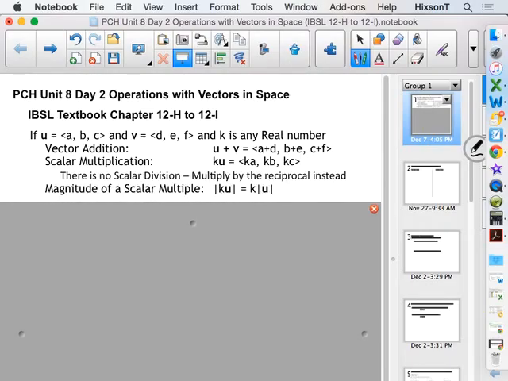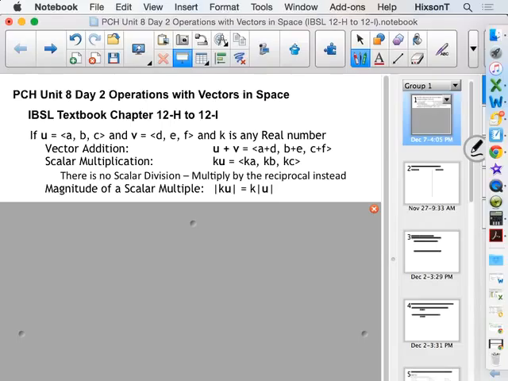The magnitude of a vector times a constant is simply the magnitude of the original vector times that constant. So if vector u has a magnitude of 10, the magnitude of 7 times u is going to be 7 times 10.